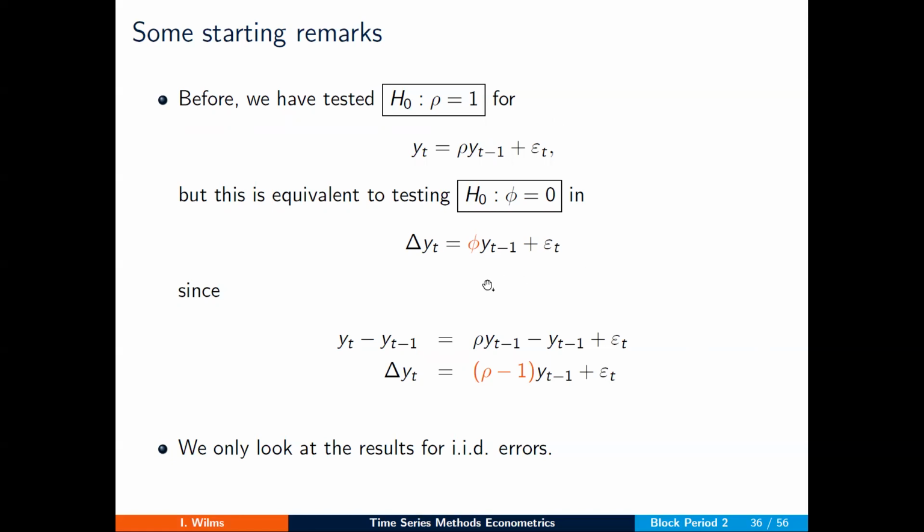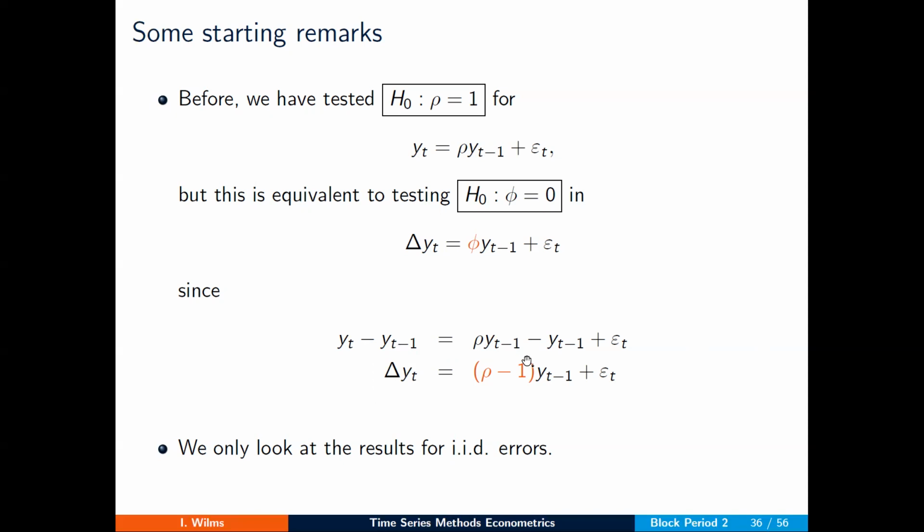Why? Well, simply start from the top equation and subtract y_{t-1} from both sides. So y_{t-1} is subtracted here and there. On the left-hand side, you immediately recognize then the series in differences. And on the right-hand side, we have rho minus 1 that pops up as the new parameter in front of this lagged value of y.